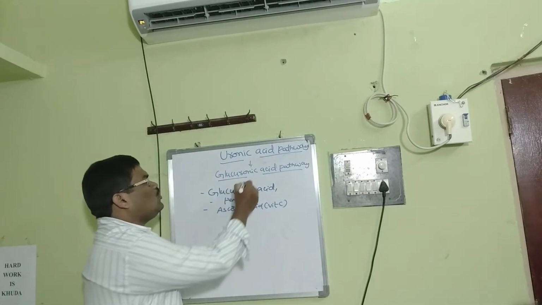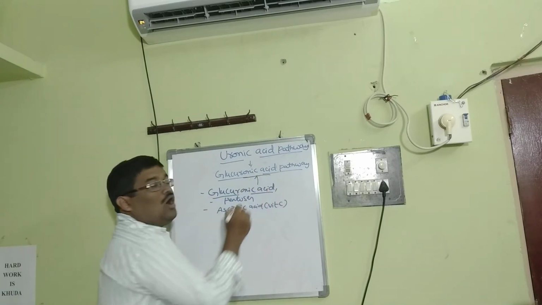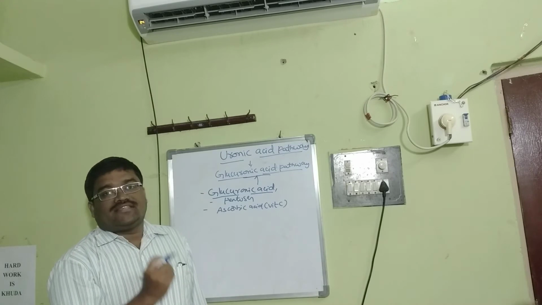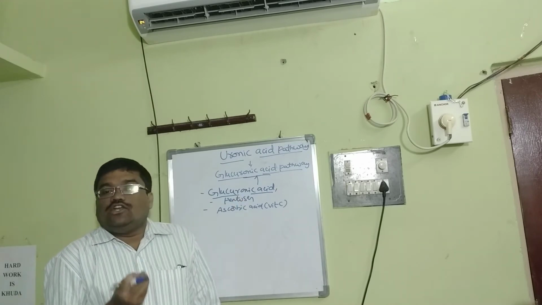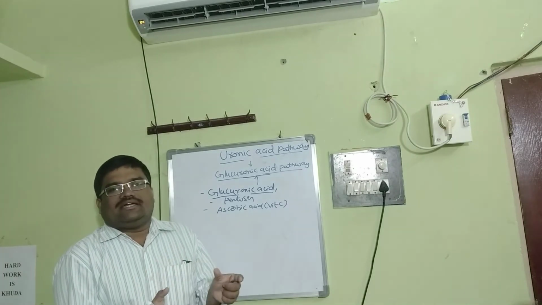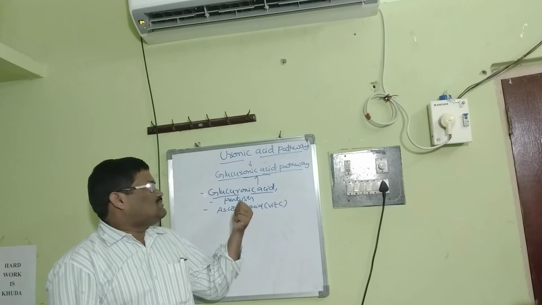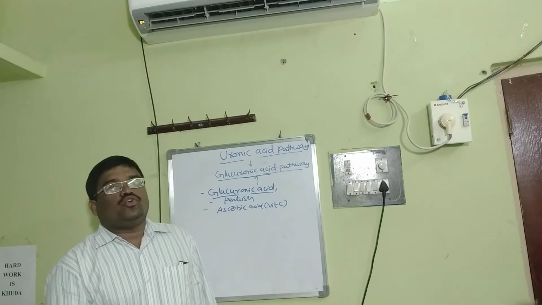It is named glucuronic acid because it synthesizes glucuronic acid. I will tell you the significance of glucuronic acid. Then pentoses like xylulose. In the last class we discussed different pentoses in the hexose monophosphate shunt, but same here, a bit different. These pentoses are also synthesized in the uronic acid pathway.